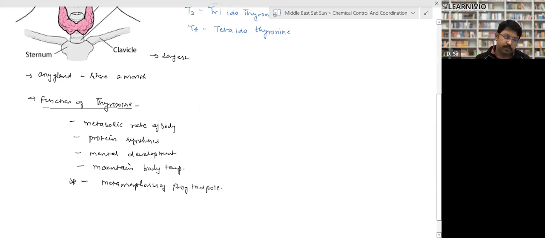Next, the next hormone is thyrocalcitonin. Note it down. Thyrocalcitonin is secreted by C cells.